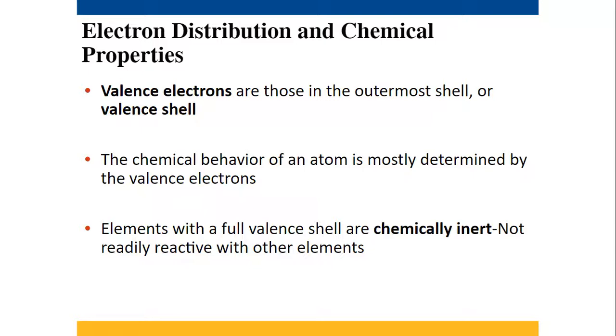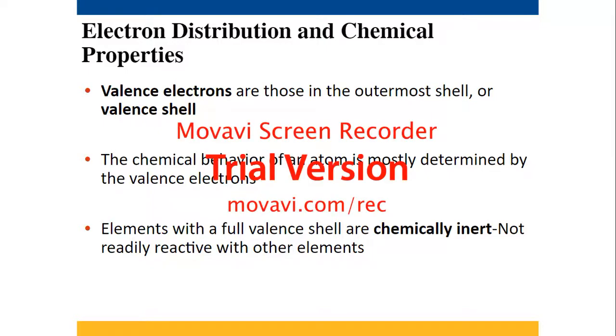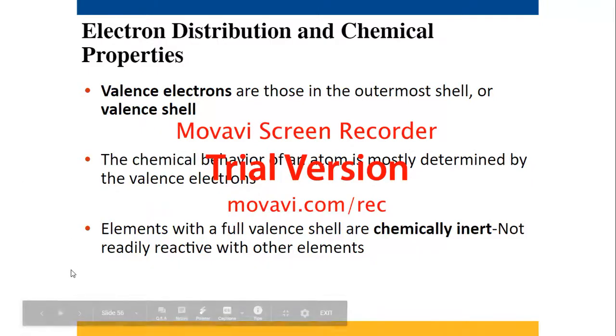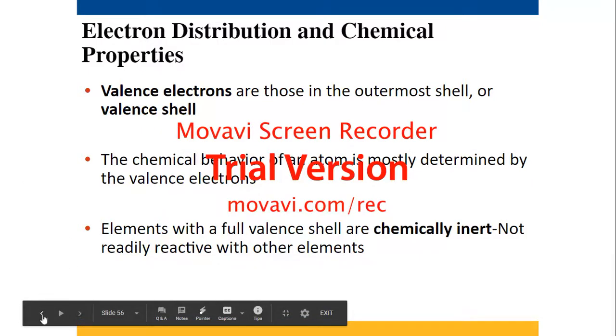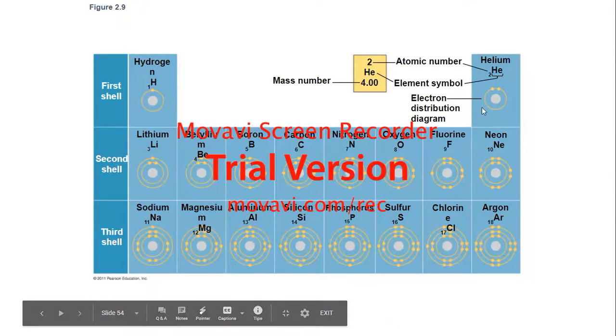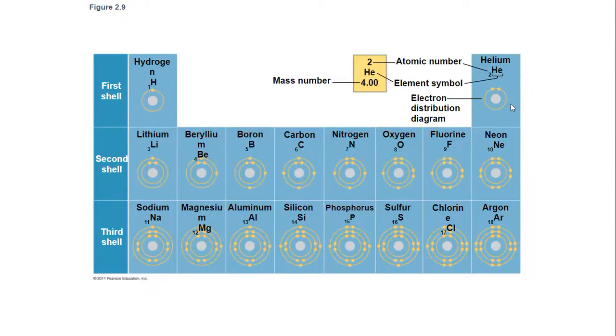And there are two magic numbers when it comes to their most stable energy level. You'll see it when you look at the periodic table, because they're called your noble gases. All the way on the far right of your periodic table, you have this column called the noble gases.